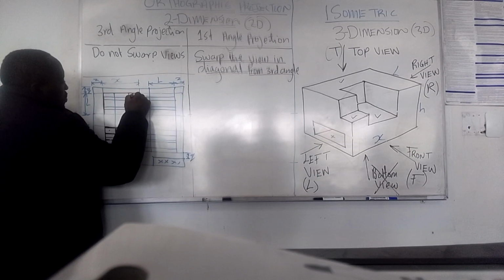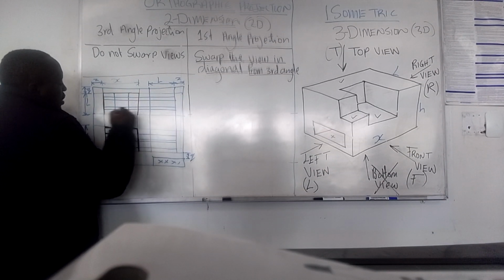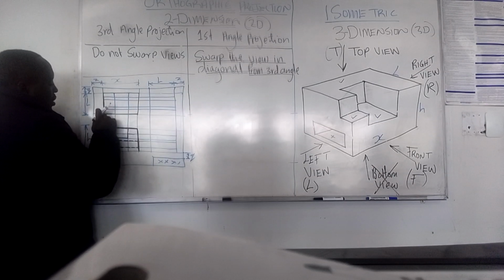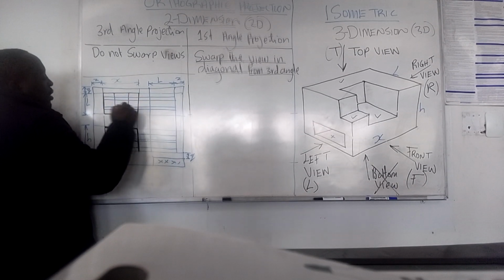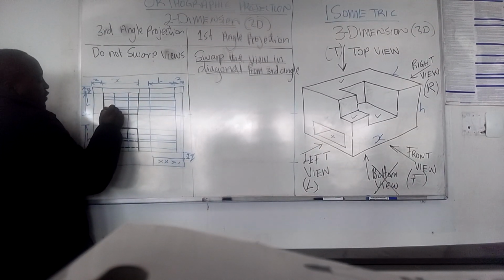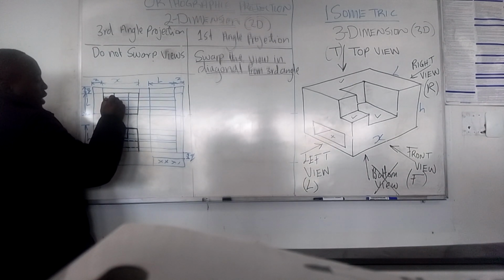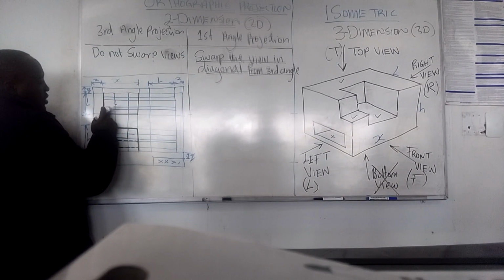It's not chopped to the bottom. Then we have got this small face here, going all the way to there. Not this one, sorry. We have got this one, all the way to there.